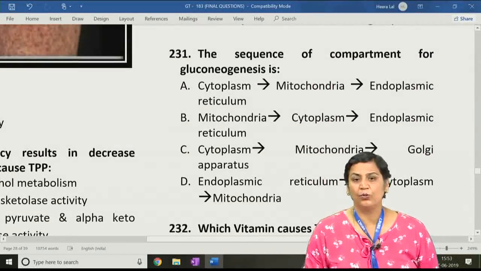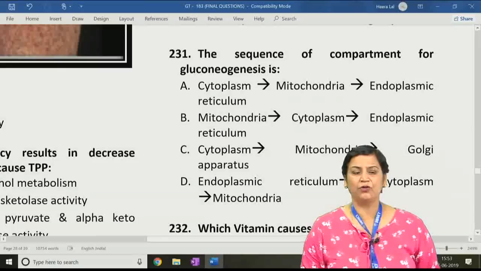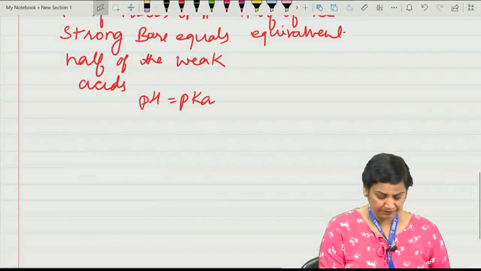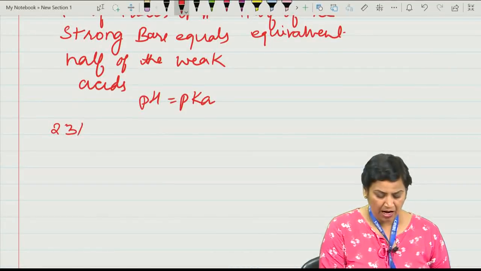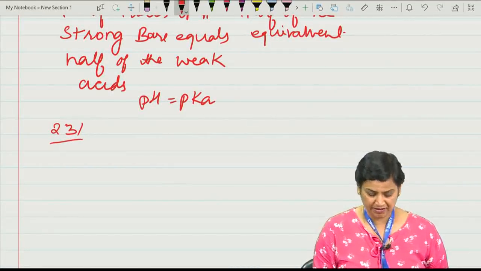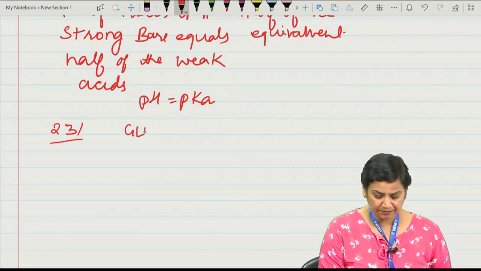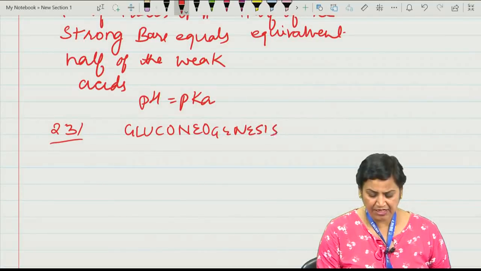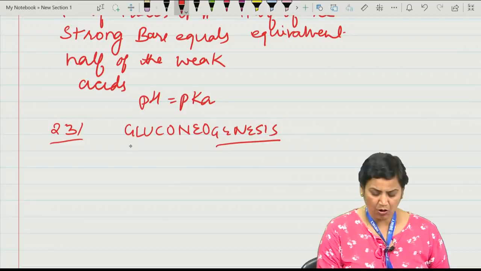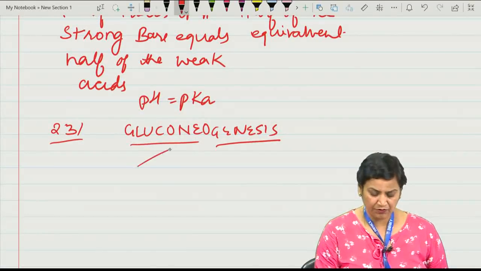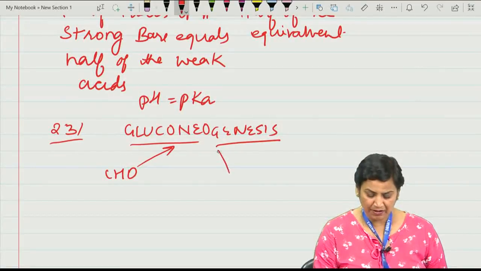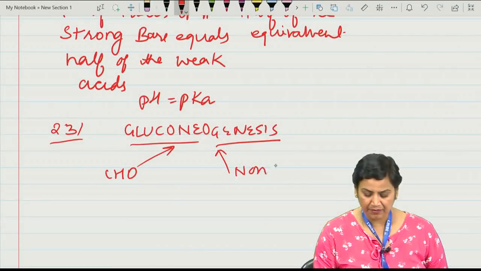Then question number 231, the sequence of compartments for gluconeogenesis. Now see, how do we define gluconeogenesis? Gluconeogenesis is the formation of glucose from carbohydrate precursors as well as from non-carbohydrate precursors.